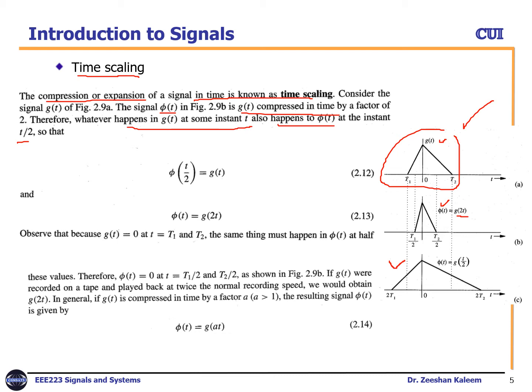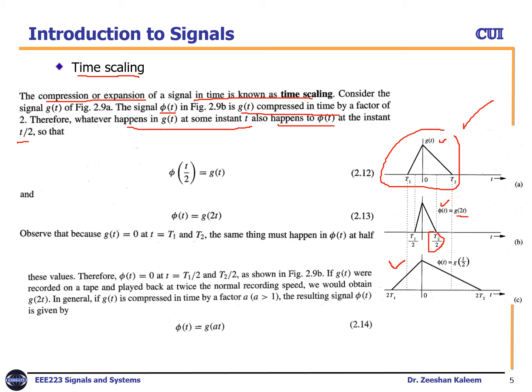Whatever happens here at t1, for example, is happening at t1 by 2, and similarly minus t1 by 2, and similarly at plus. But here it's not minus plus because they just named them t1 and t2 for ease. So we have t1 by 2 that's happening at t1 by 2, and for t2 it is happening at t2 by 2, right?